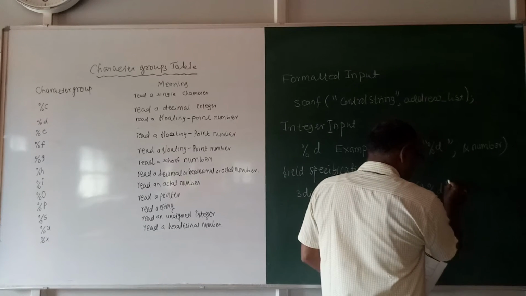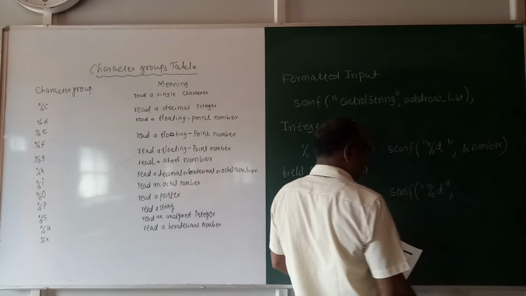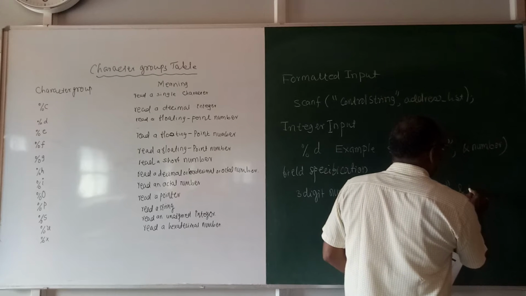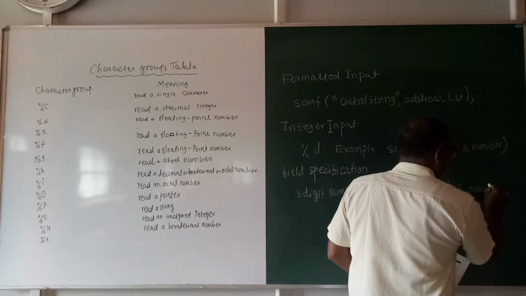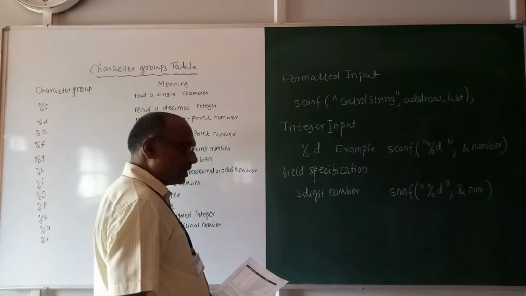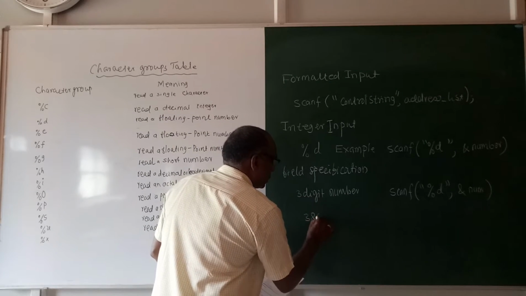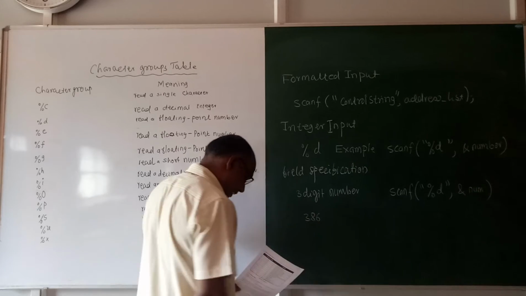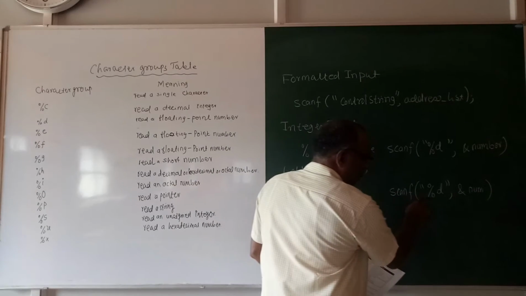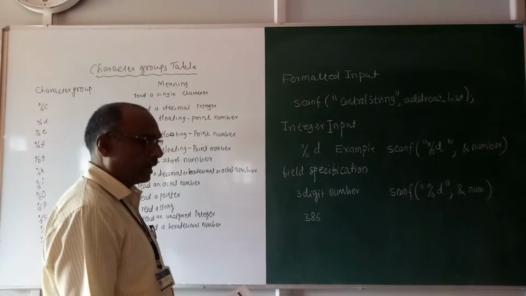I will close this double quote because it is only one control string, and write number, or NUM. I want to feed the data now, say 123, 3 digits, which is an integer. According to this control string, this must be an integer, otherwise it will show an error.